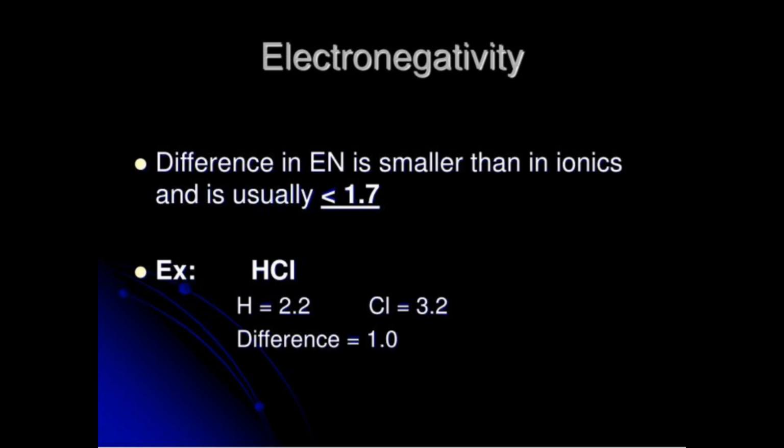What we mean is that the difference must be small. For instance, in a combination of HCl, which is a covalent bond, and like I've said, a single covalent bond, it is heteronuclear.